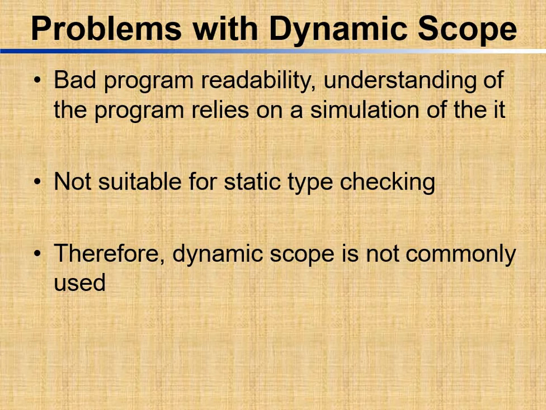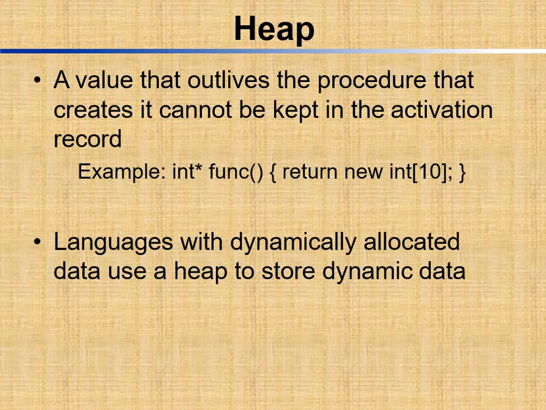Okay, now we will see the heap, and how we are going to allocate memory. In the heap, a value that outlives the procedure that creates it cannot be kept in the activation record.